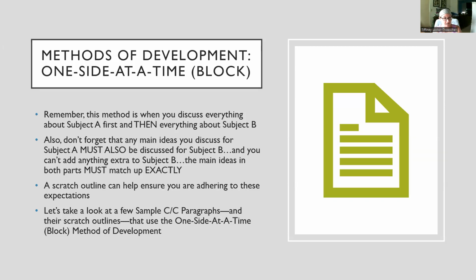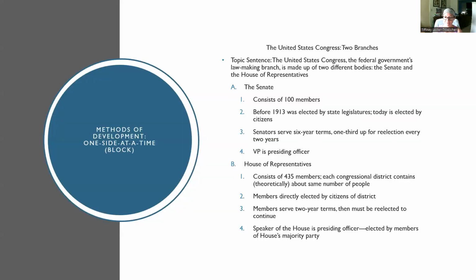A scratch outline is a great way to help you visualize this organization and to help ensure that you stick to it when you actually write the paragraph. All right, so let's take a look at a few examples. All right, so this example is actually in the book. The rest are not.